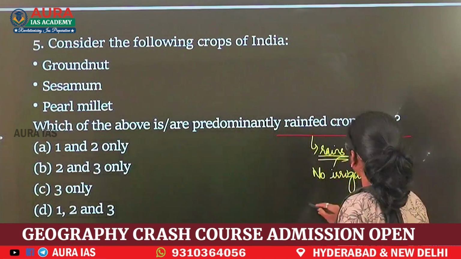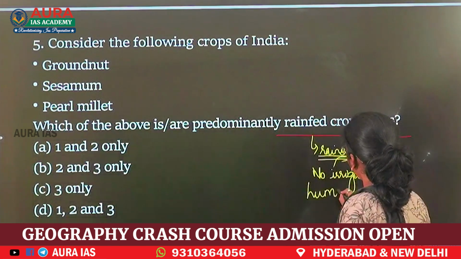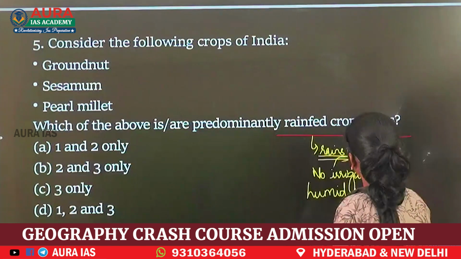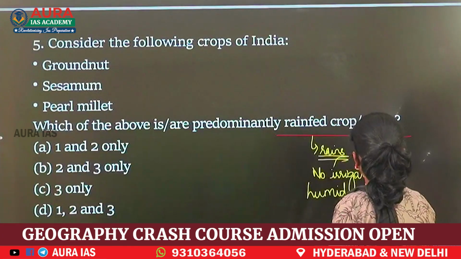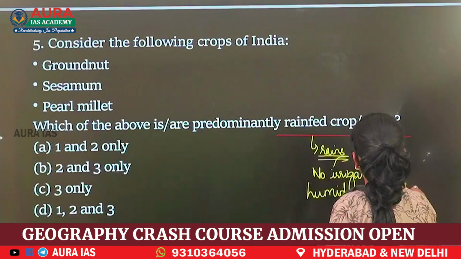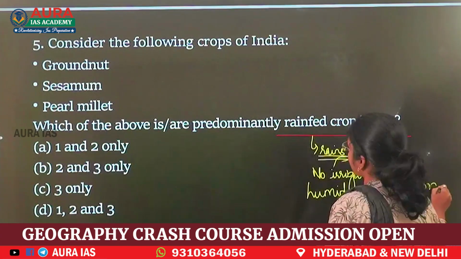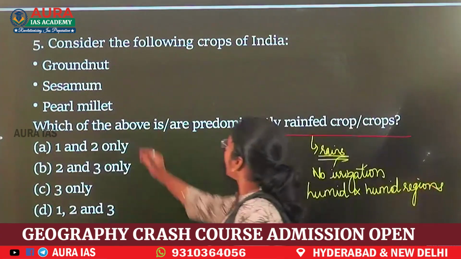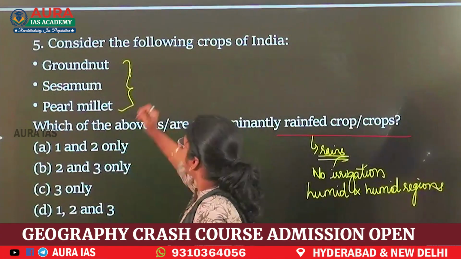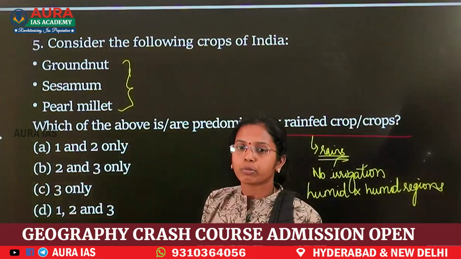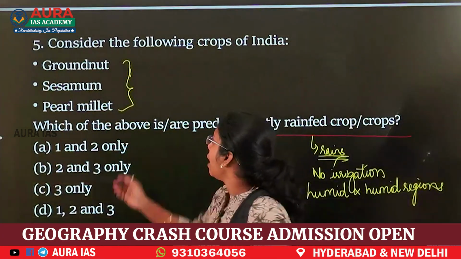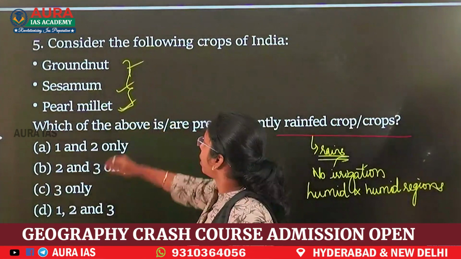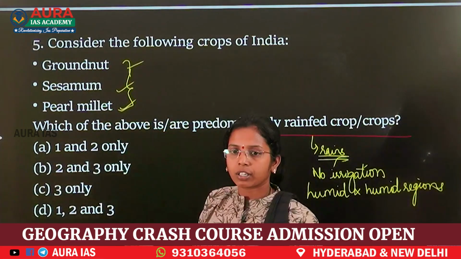These crops you will see in humid and subhumid regions. Now all these three are rain-fed crops. When you take paddy, it requires more water, irrigation is necessary. When you take groundnut, sesame, pearl millet, they do not require that much water.